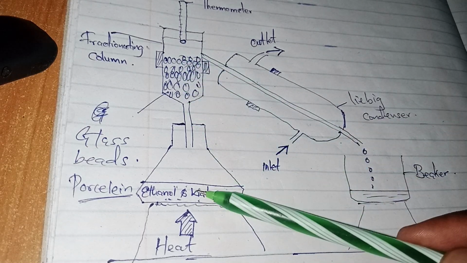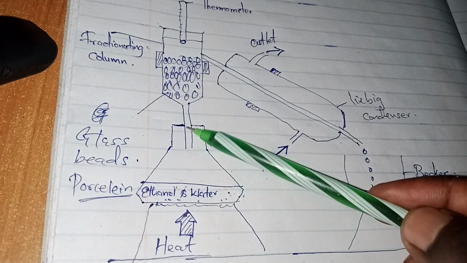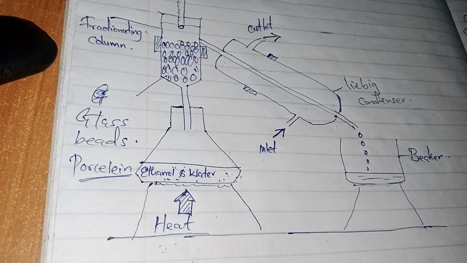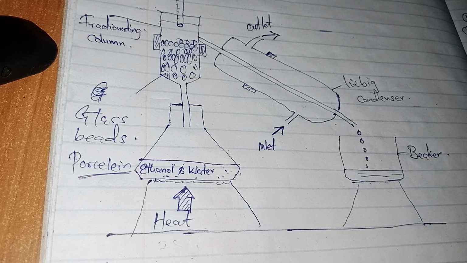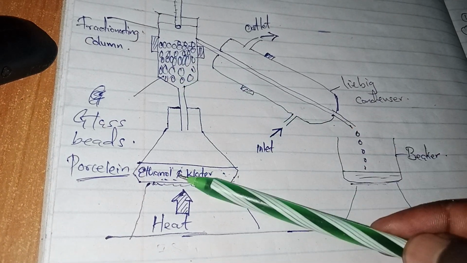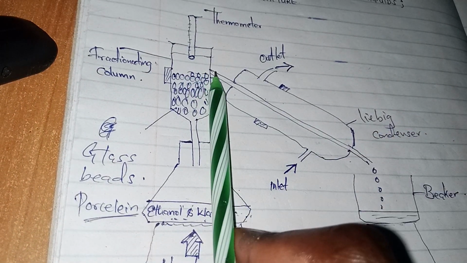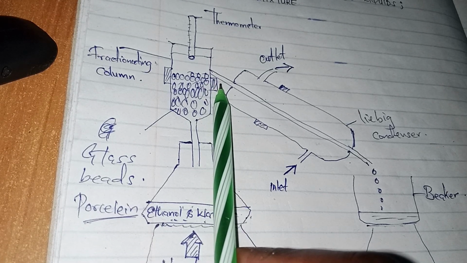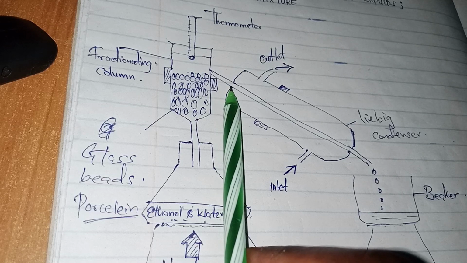Therefore, at 78 degrees, because that is not its boiling point, water will drip back and ethanol will just pass, right? When it passes, the vapor now enters the Liebig condenser.